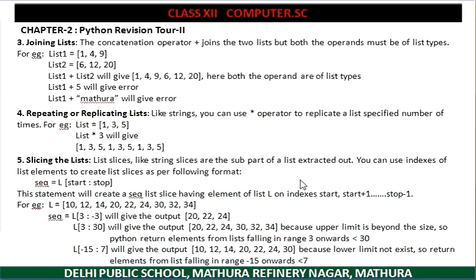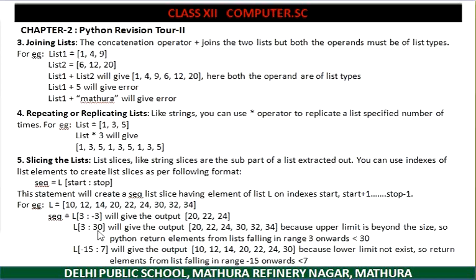So in this way it will extract the sub part of a list. Here in the example, L[3:-3] will give the output. It will start from 3 and go up to minus 4. Start from 3: 0, 1, 2, 3. Then from the end: 20, minus 1, minus 2, minus 3 and minus 4. 20, 22 and 24 will be given as the output here.